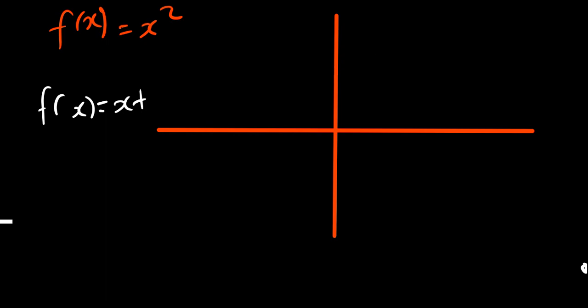Let's put another scenario. Let's say you have x squared minus 3. When you say x squared minus 3, it just means that your graph has shifted to the negative y values by 3, so this would be negative 3. This is our graph.